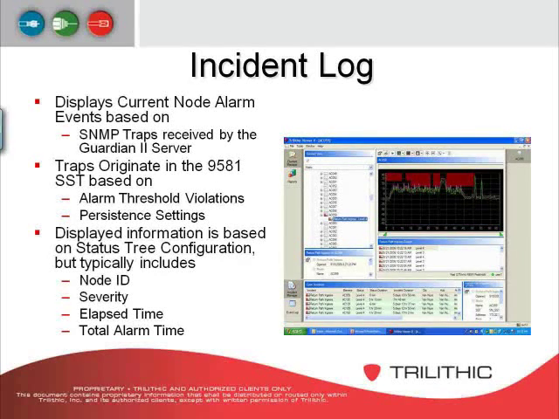Displayed information is based on the status tree configuration, but it typically includes the node ID, the severity of the alarm, which threshold, whether it was a level 1 or level 2, the elapsed time, how long it was in an alarm state, and then the total alarm time before the problem was actually corrected. And this, like I said, is excellent for reporting.